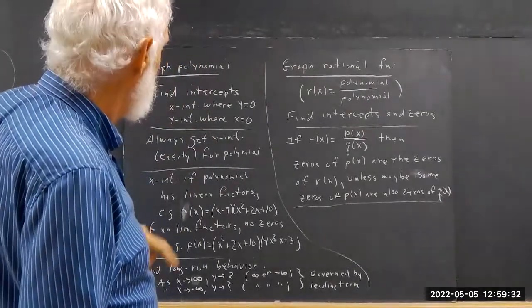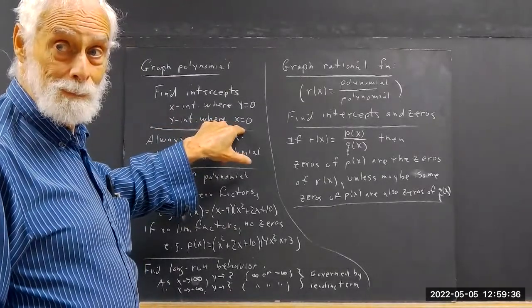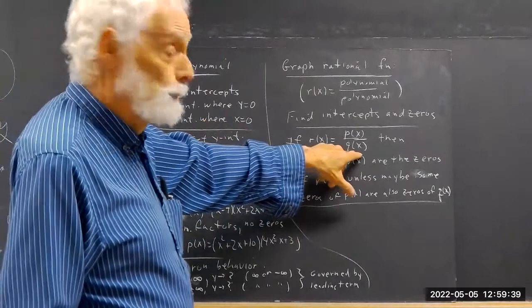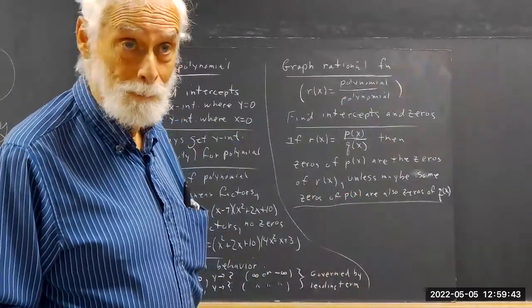And of course, the y-intercept occurs when x equals 0. Unless Q of x equals 0 when x equals 0, you're going to get a y-intercept.